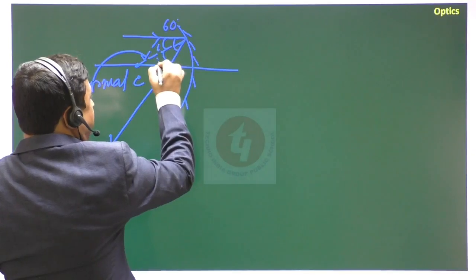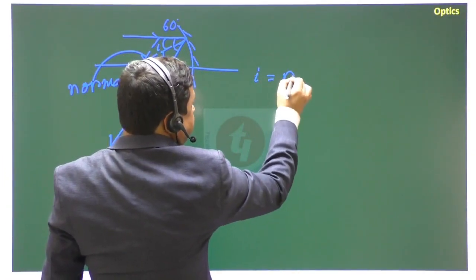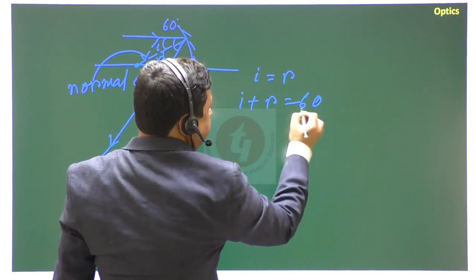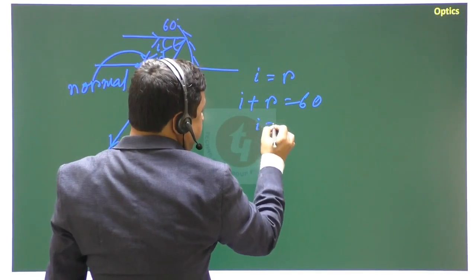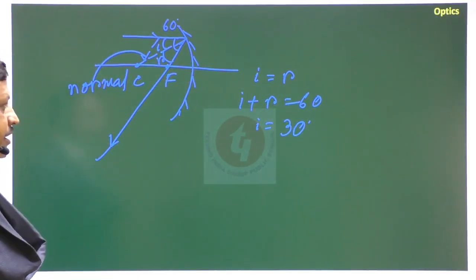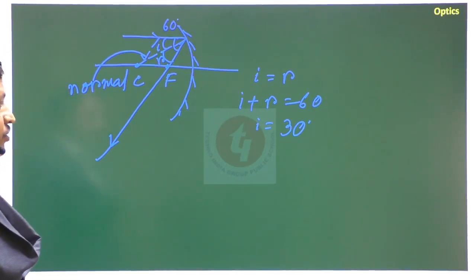So this is I, this is R. I and R are the same, and I plus R is equal to 60 degrees, given. That means I will be equal to 30 degrees. The answer is 30 degrees. Okay. Next question.